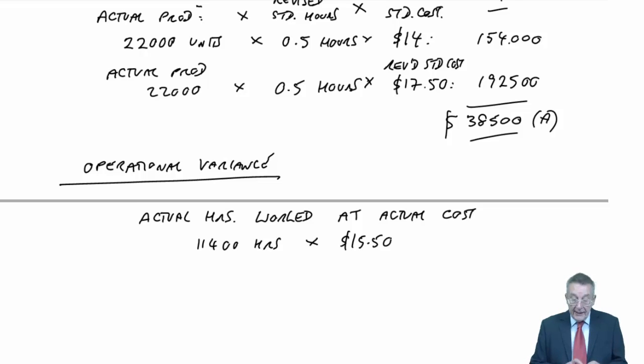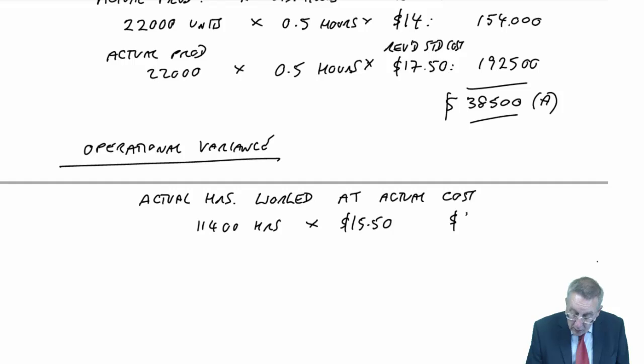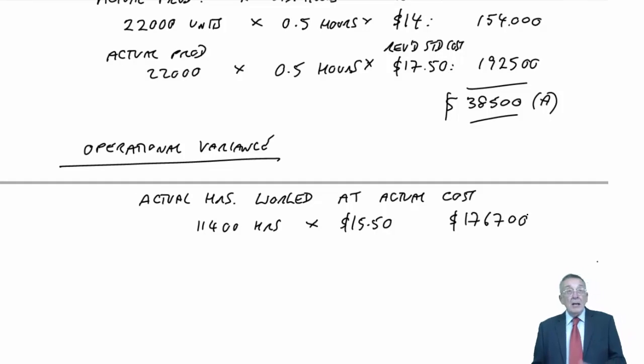So we actually spent, is that right? 176,700. Can't be. 11,400 times 15.50. Yes, it is. 176,700.